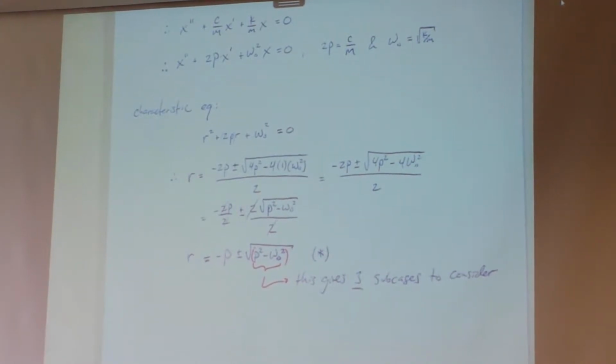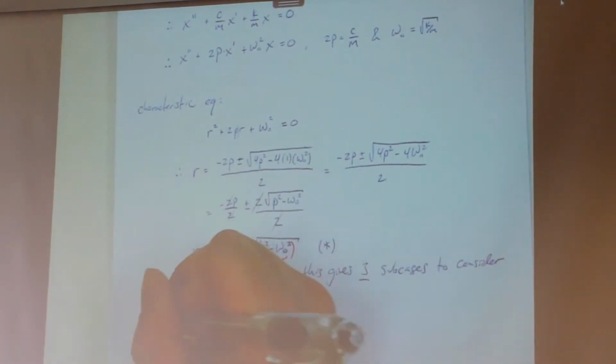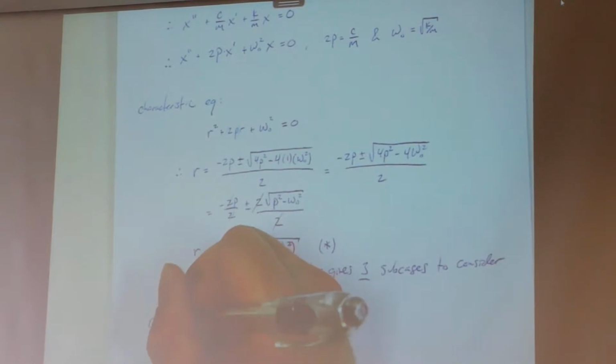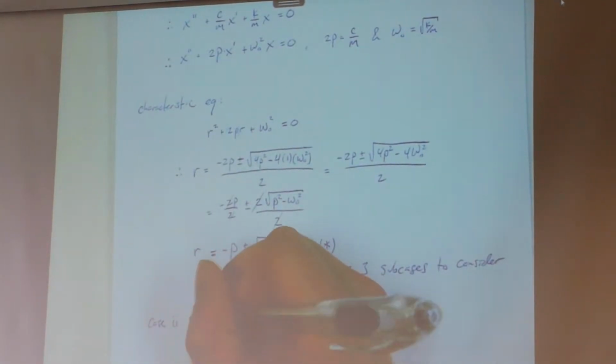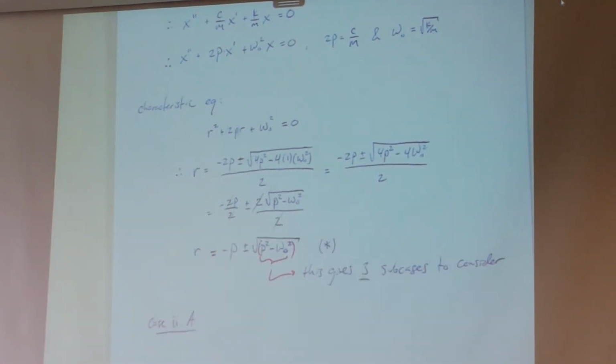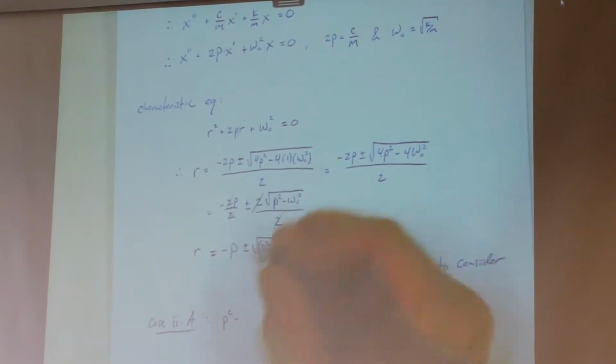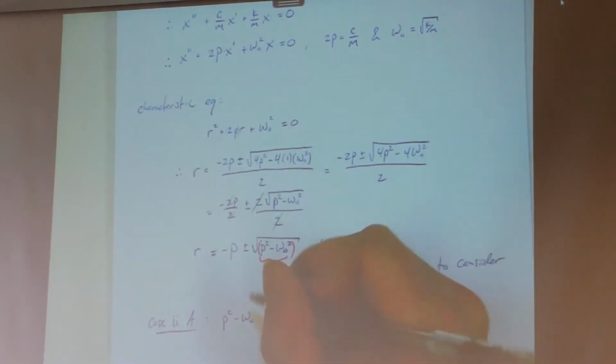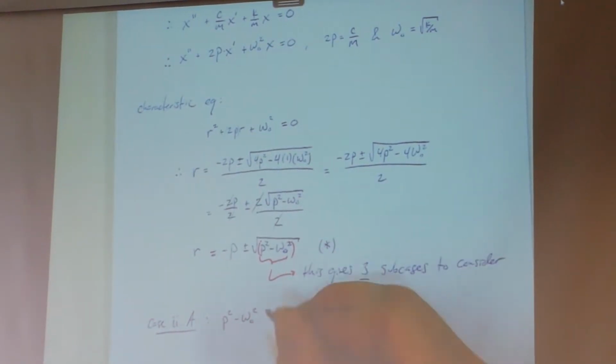So case A. What if that part under the radical, p squared minus omega naught squared, is positive? Okay. So then the square root of a positive quantity is going to give us two values, right?